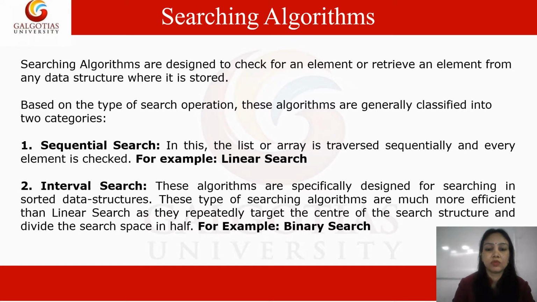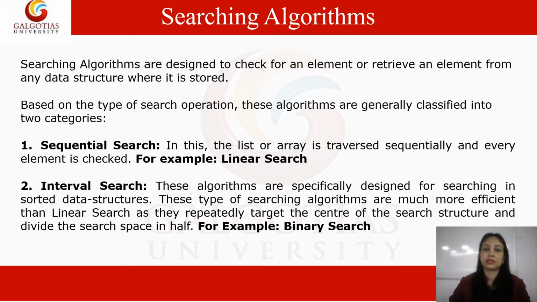These types of searching algorithms are much more efficient than linear search, as they repeatedly target the center of the search structure and divide the search space in half. As I already told you, your list is sorted. Suppose your list is in ascending order, with the first element 4 and each next number greater.